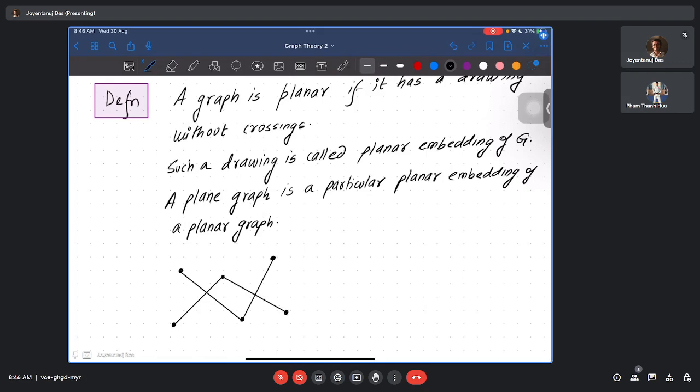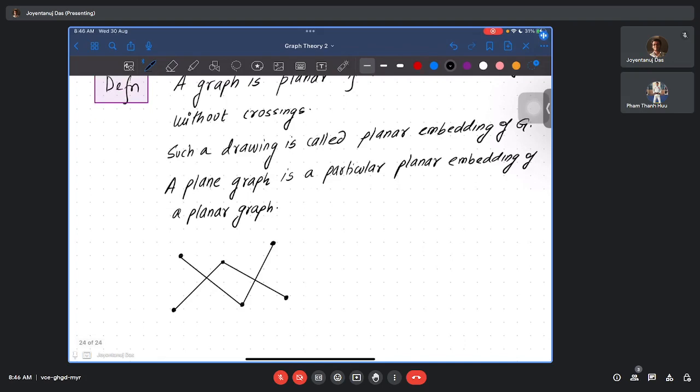This graph has a crossing, but the graph is planar because we have a planar embedding. Suppose this is 1, 2, 3.